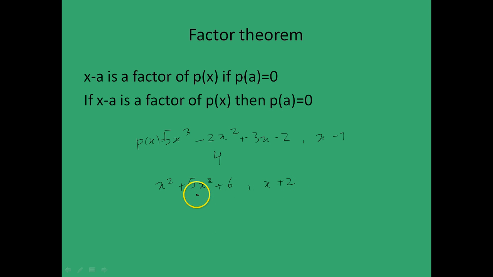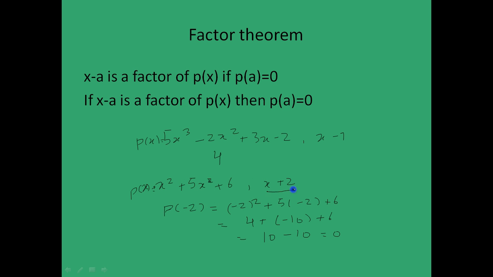If we find p of minus 2, we get minus 2 whole square plus 5 into minus 2 plus 6, that is 4 plus minus 10 plus 6, which is equal to 10 minus 10, which is equal to 0.